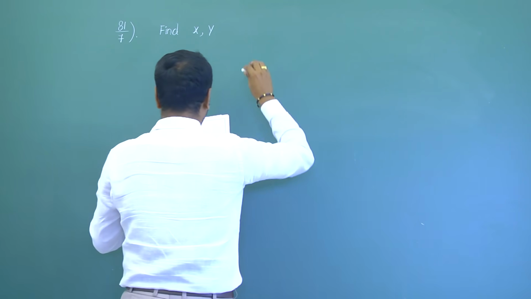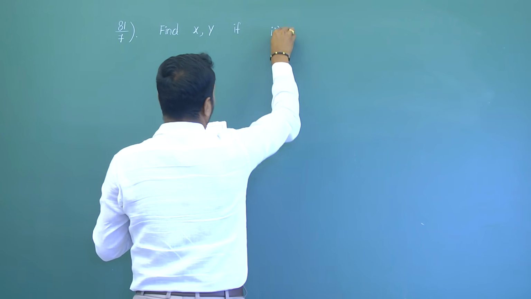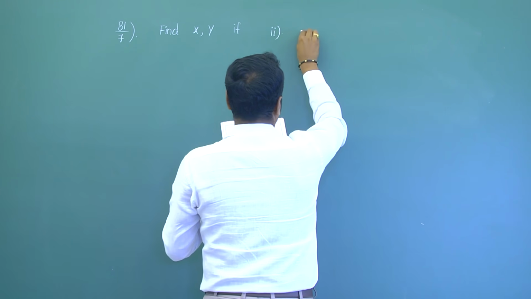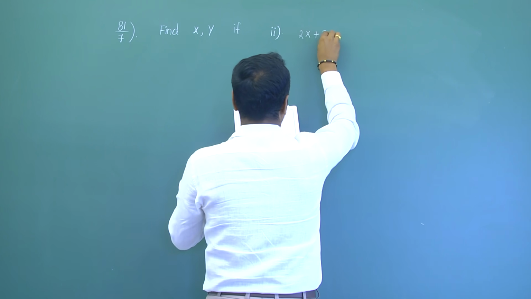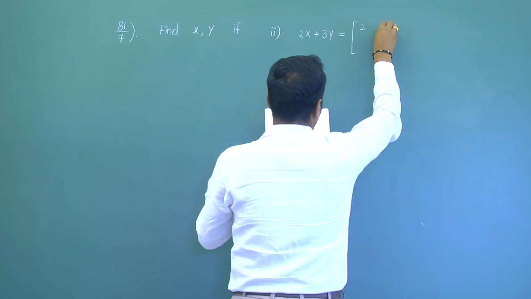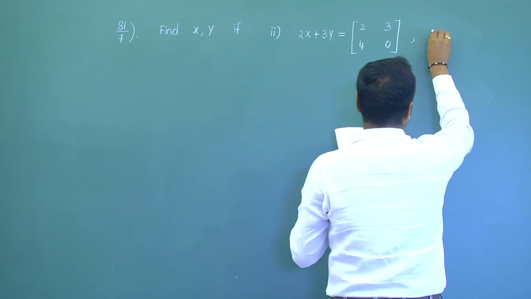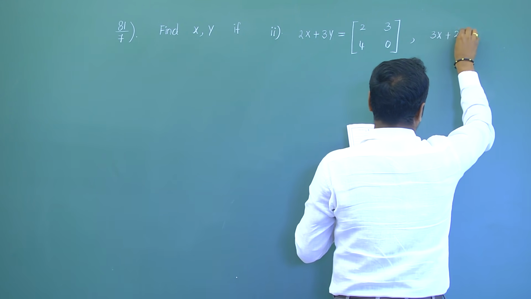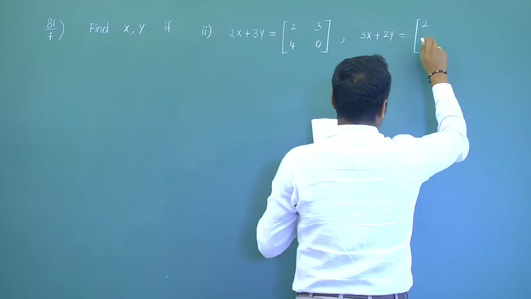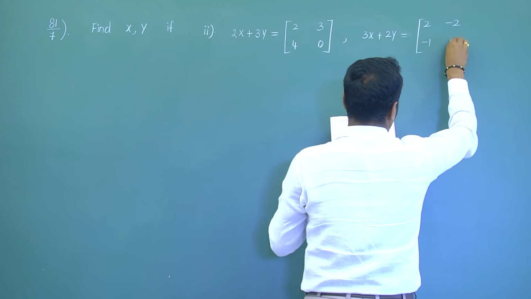Capital X, comma, capital Y, if two cases are there, I am finding the second case. 2 capital X plus 3 capital Y equals first row 2 3, second row 4 0, comma, 3 capital X plus 2 capital Y equals first row 2 minus 2, second row minus 1 5.